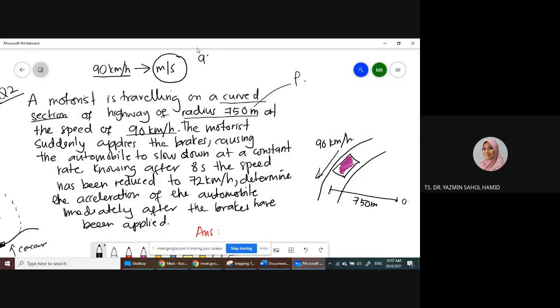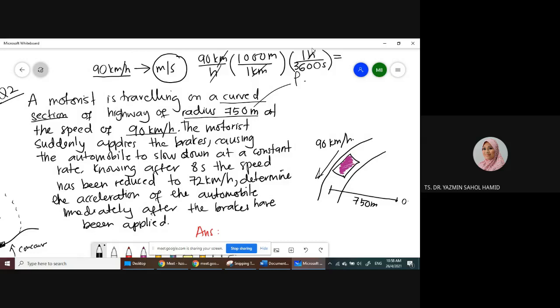So 90 kilometer per hour multiplied by 1,000 meter per 1 kilometer, and then 1 hour is how many seconds? 3,600 seconds. So from there you can cancel these units and you will be left with meter per second.